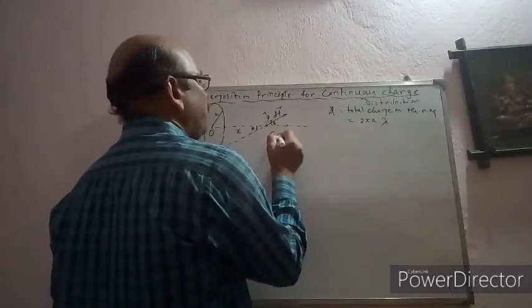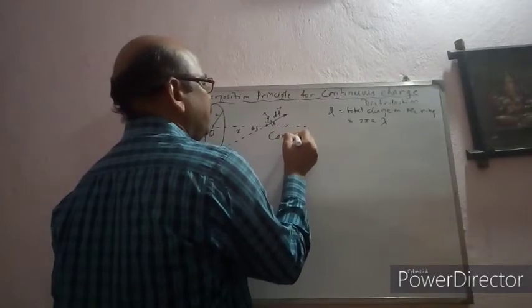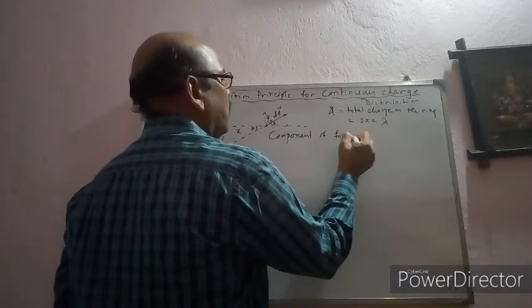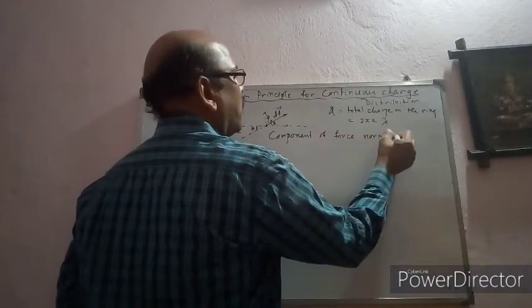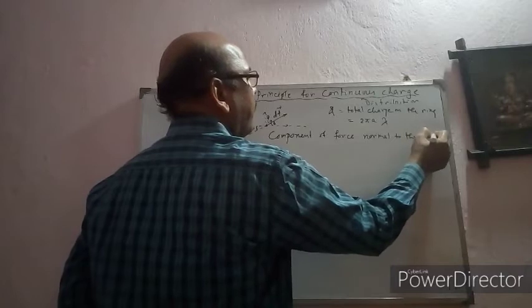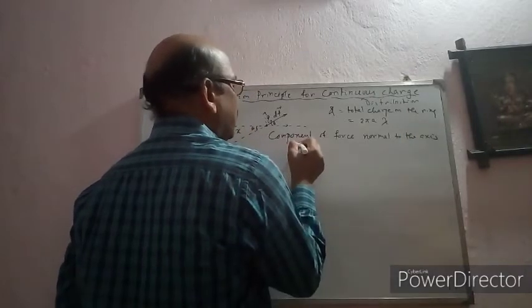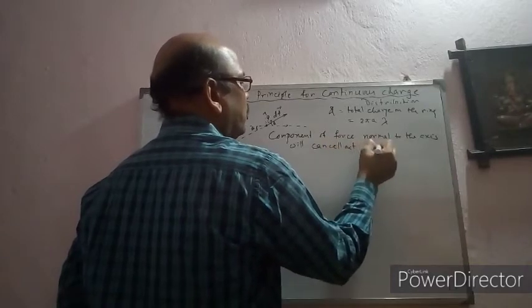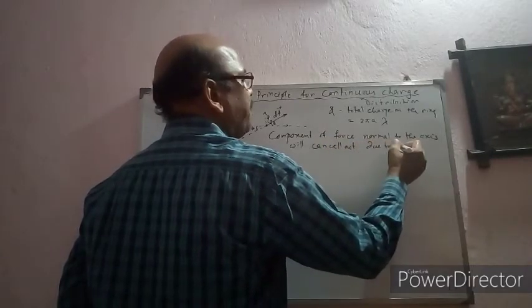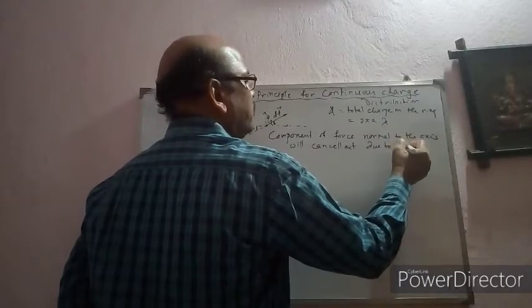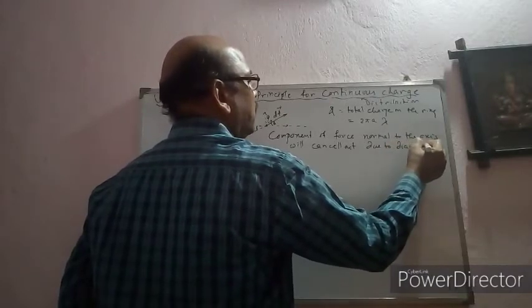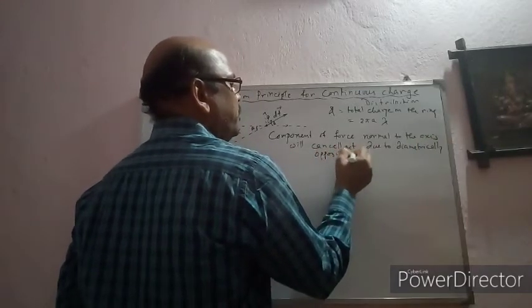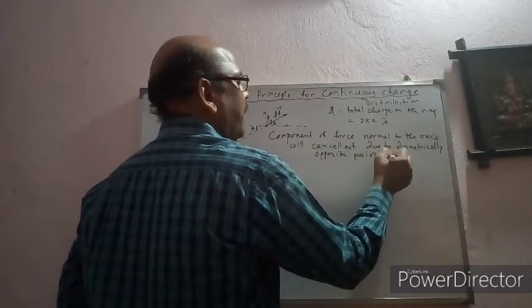The component of force normal to the axis will cancel out due to diametrically opposite pairs of elements of the ring.